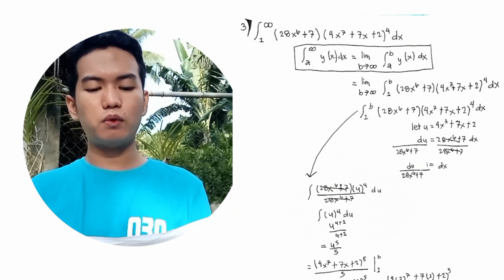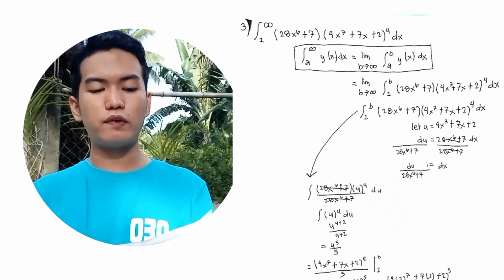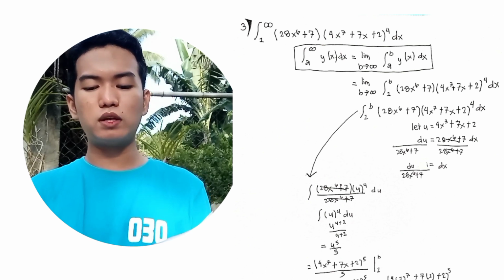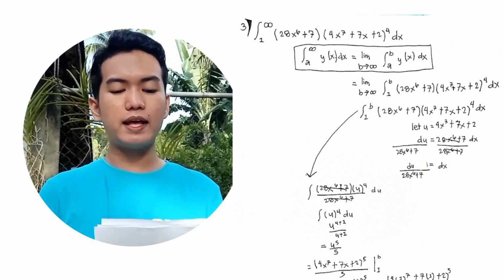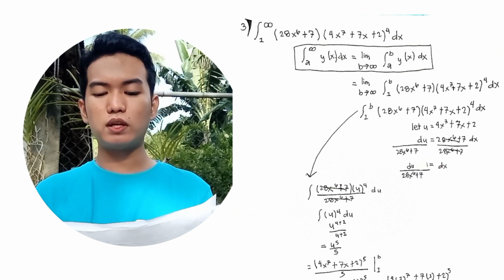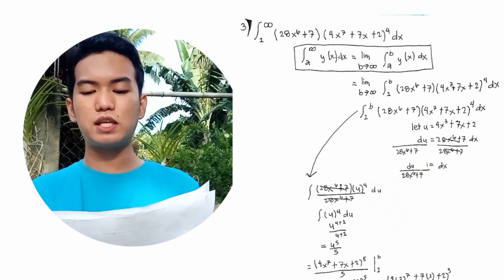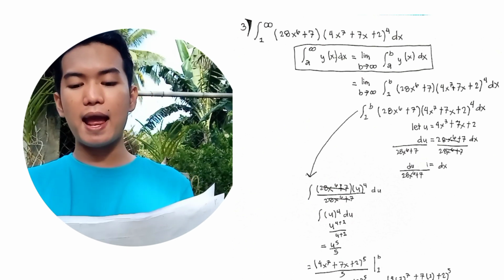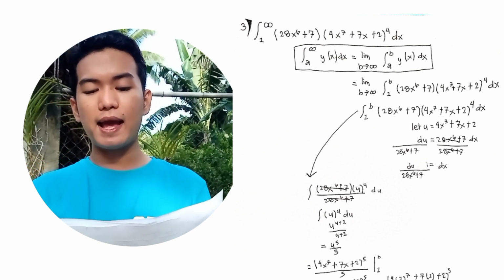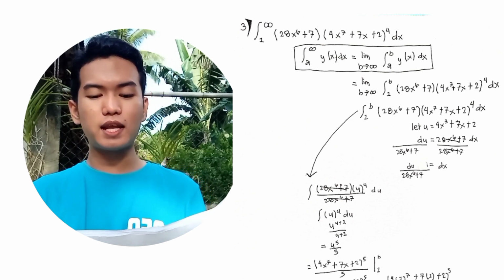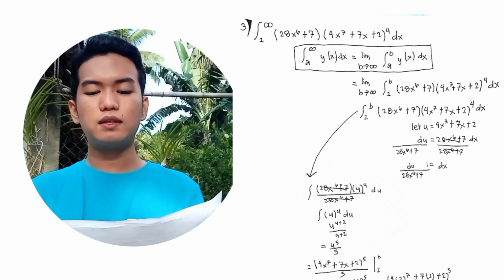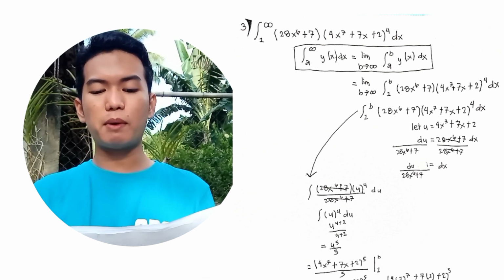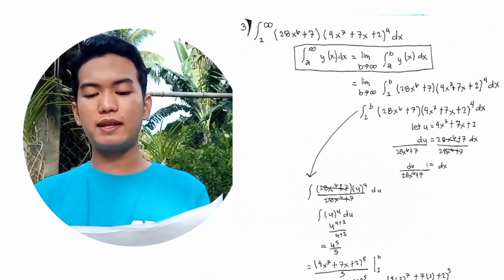So let's find the integral of the equation. Let u equal 4x to the power of 7 plus 7x plus 2, and du is equal to 28x to the power of 6 plus 7 dx. To isolate dx, let's divide both sides by 28x to the power of 6 plus 7, so that we can cancel out the 28x to the power of 6 plus 7 and remain with dx.